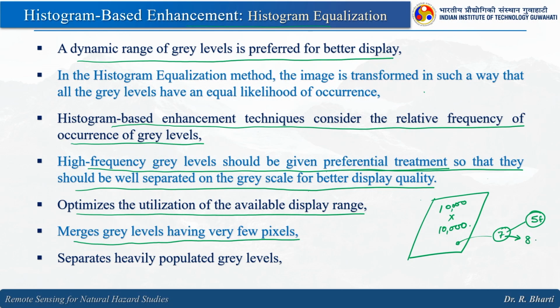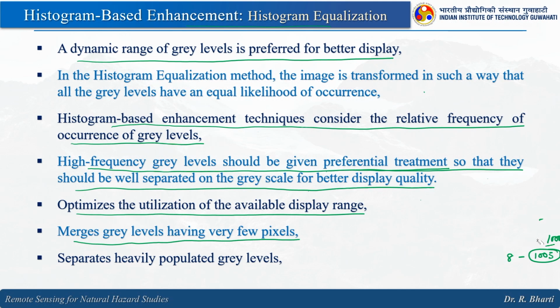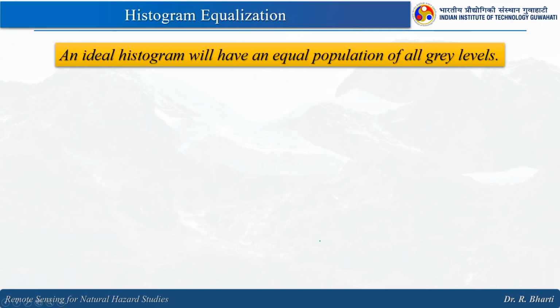So, let us say 8 has 100 or 1000 frequency. These two will be merged. So, this 8 will have 10,000 or 1005 frequency, right. Like this it will treat your data, and all this information will be preserved in the lookup table so that you can go back and refer to the original value. It also separates heavily populated gray labels, which we have already discussed. So, an ideal histogram will have an equal population of all gray labels.